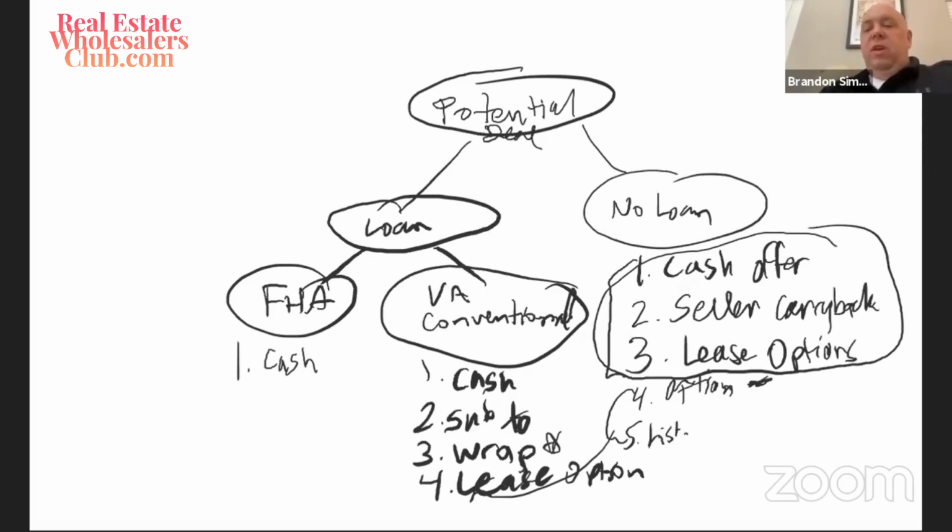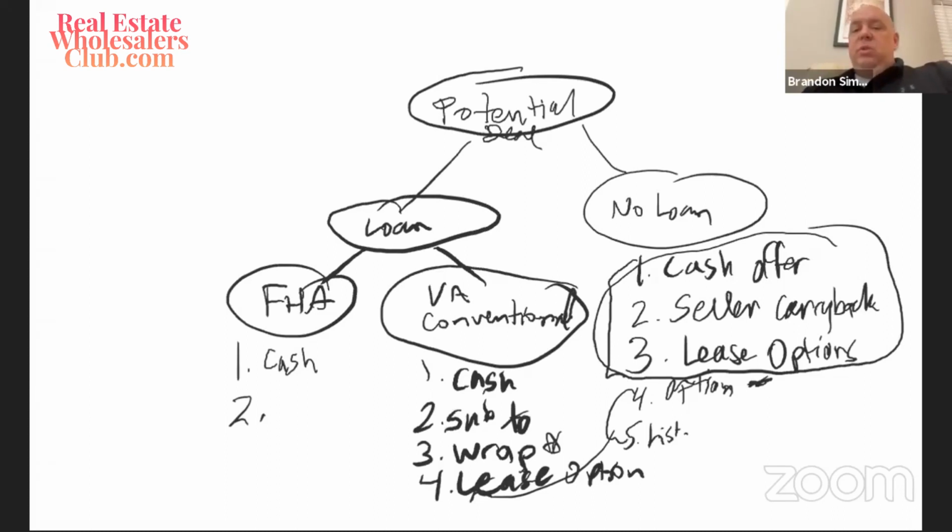So over here on an FHA loan, now it's not that you can't sub to a FHA loan. It's not that it's illegal. It's just most title companies won't do that through their title company. They have some sort of something with their underwriter where they want to make sure that if they're going to put some type of title insurance on this, that they don't want to lose the right to put their title insurance on the property, so they don't wrap or sub to FHA loans.